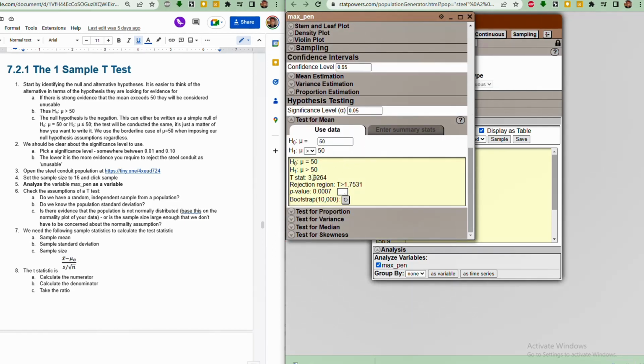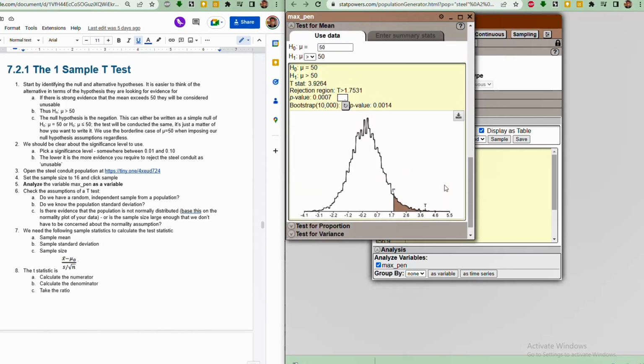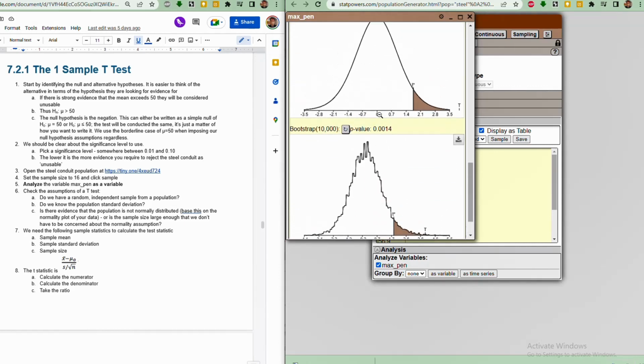And then we see how extreme the test statistic we observed, 3.9264, is in relation to those. So this generates the bootstrap t-test, and I can look at my simulated distribution of test statistics. It looks not far off from what my theoretical distribution looked like.